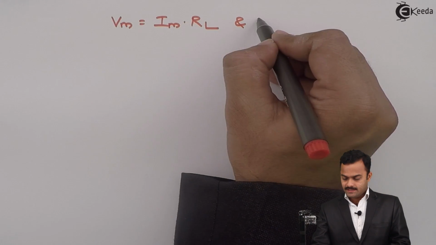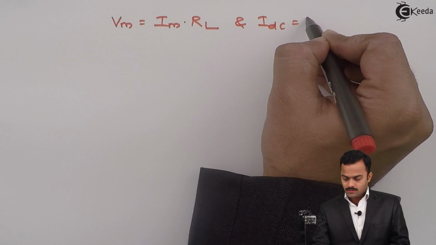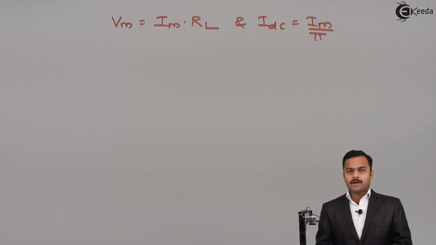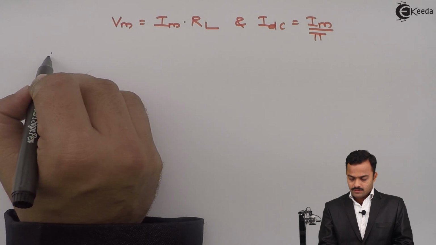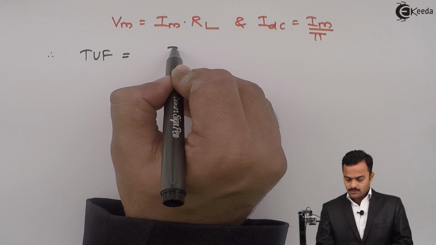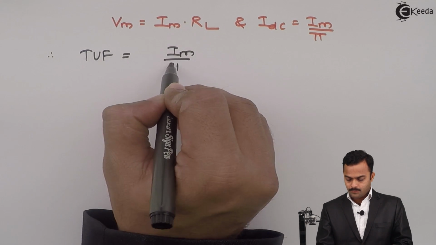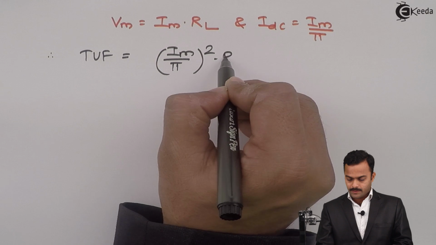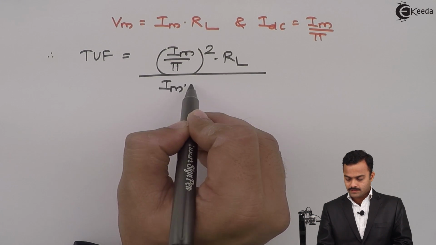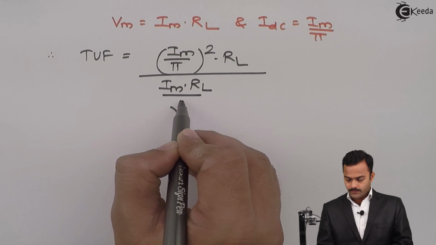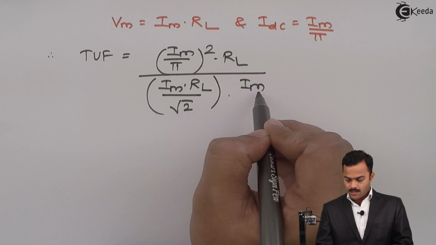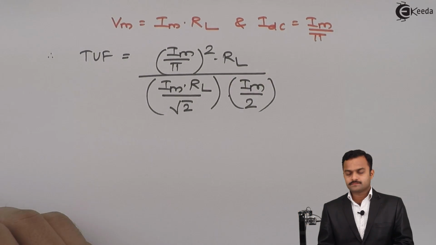Now, Vm is the maximum value of voltage, can be given as maximum value of current multiplied by RL. I am neglecting RF and RS, which are forward resistance of diode and resistance of secondary of a transformer respectively. And for IDC, I can substitute Im upon pi. So, if I do this substitution, TUF equal to Im upon pi the whole square multiplied by RL, and Vm will be Im multiplied by RL divided by root 2 multiplied by Im upon 2.